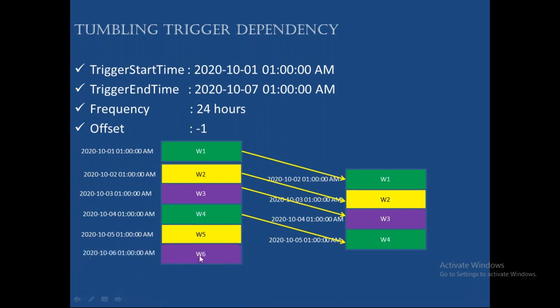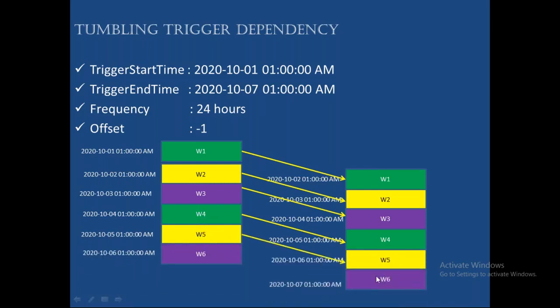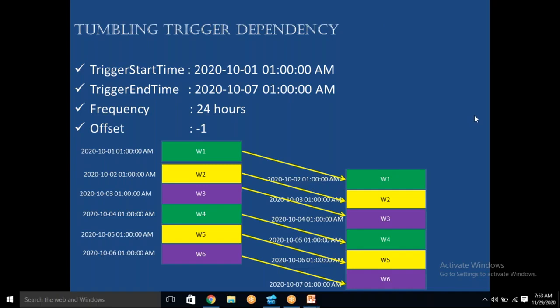This is window 5. Next window 6, window 5 started here, it will start something. Okay, window 6, I have the final one. So this window 6 is dependent on this. Here the date and time is the same.